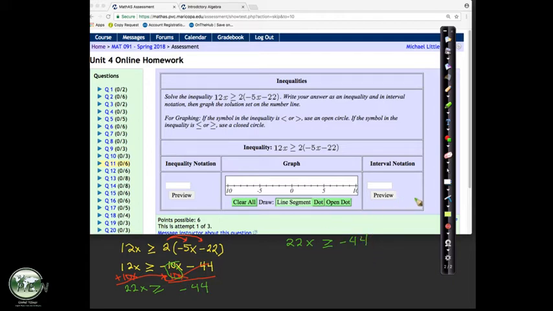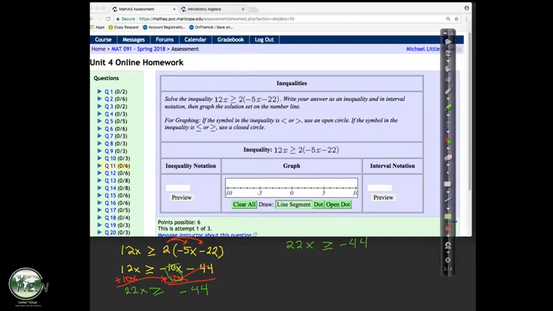One more step, and what's that? Divide. Divide by what? 22, to get the x by itself. So we'll divide by 22.